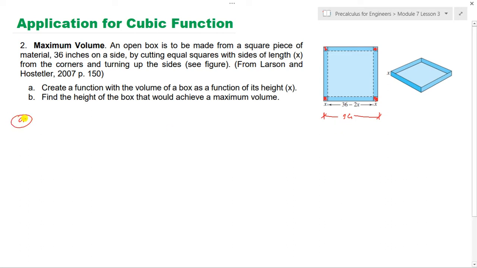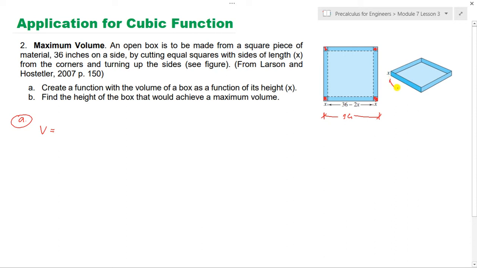For letter A, we're going to create a function. So how are we going to create that? Of course, we need to relate x with the volume of the box. So what is the volume of the box? For a box in the shape of a rectangular prism, recall the volume formula for a rectangular prism, that is just this one.